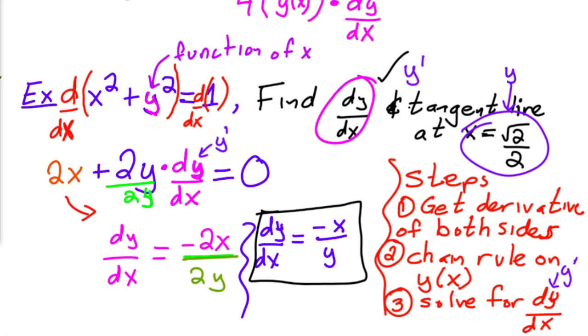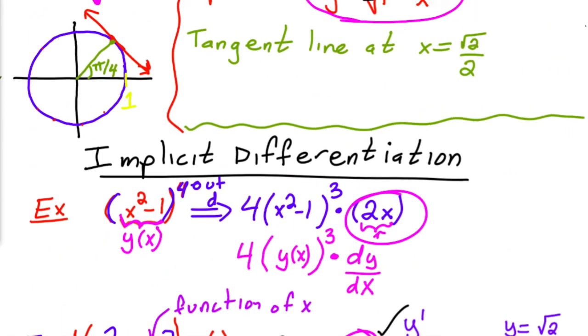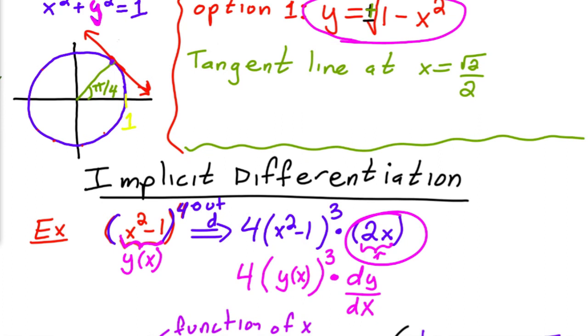Now, if I'm trying to find the tangent line at x equals root 2 over 2, the other thing I need is the y value. In this case, I know it's also root 2 over 2, because if you go back, my angle is pi over 4, so this point is root 2 over 2 and root 2 over 2. It's important to be given both the x and the y value, because it's not a function, and this happens almost every time in these problems, there's more than one y value for every x value.